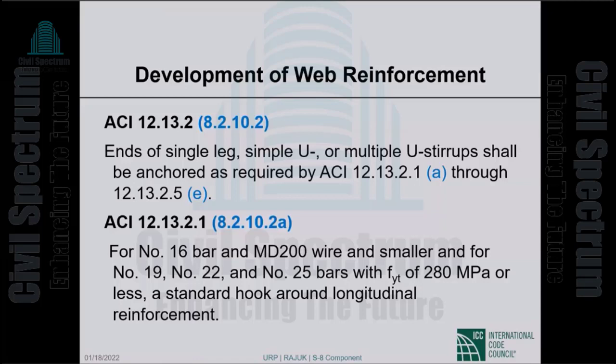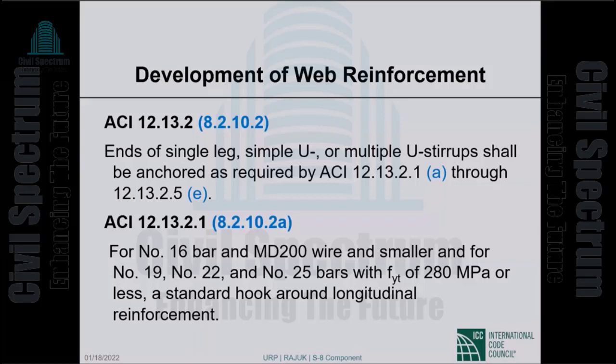So for number 16 bar and MD200 wire and smaller, and for number 19, number 22, and number 25 bars with F sub YT of 280 MPa or less, this is the old 40 KSI steel, a standard hook around longitudinal reinforcement. That's all you need. So for the small bars and for the larger bars, if it is grade 40, then all you need is a standard hook around longitudinal reinforcement.